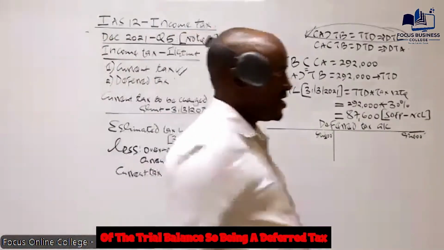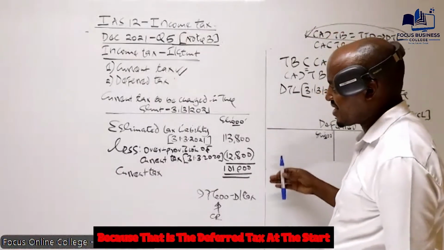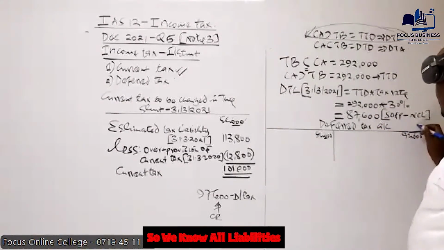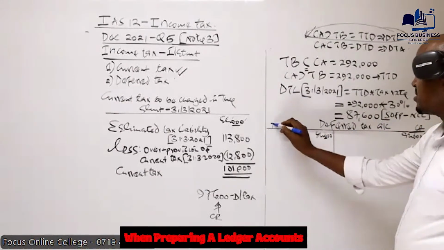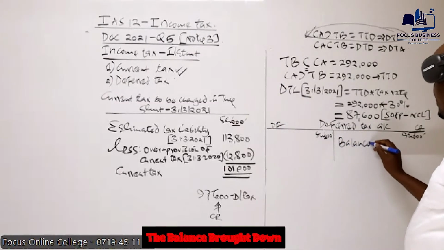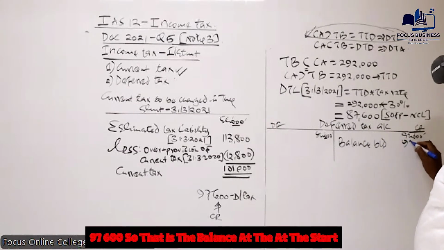So being a deferred tax liability, that is what we start by recording here, because that is the deferred tax at the start. This is the deferred tax at the end. So we know all liabilities, when preparing a ledger account, have a credit balance. So we start by recording the balance brought down, which is the opening balance, which is 97,600. So that is the balance at the start.